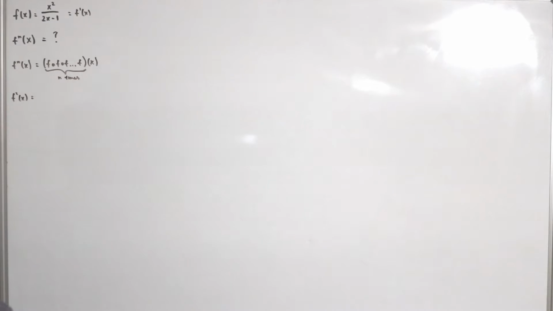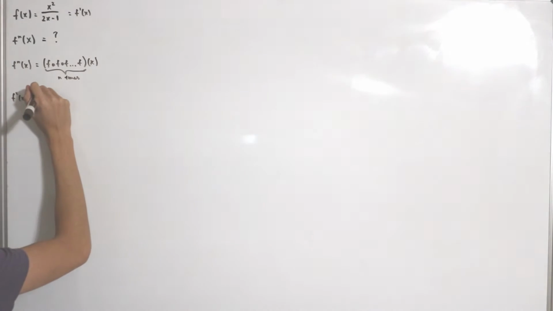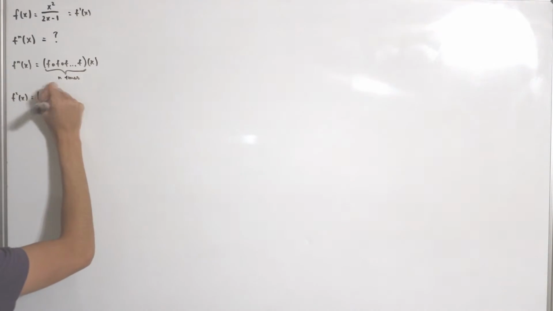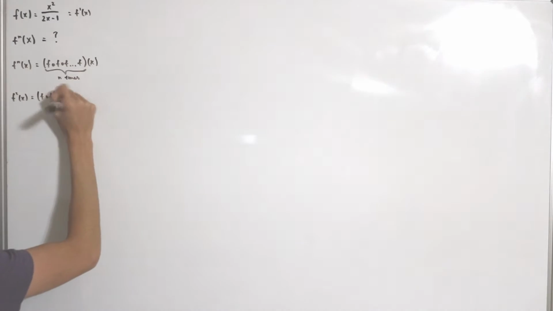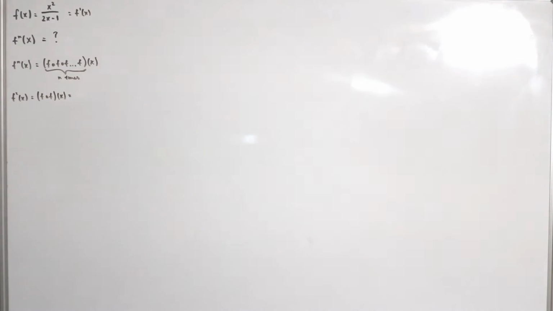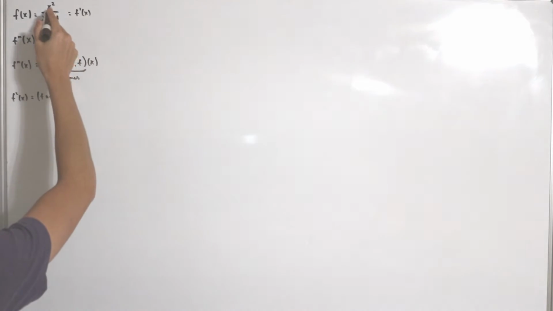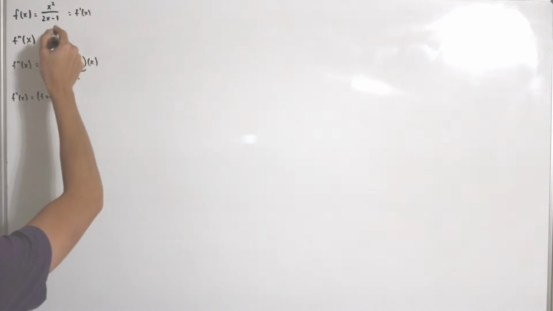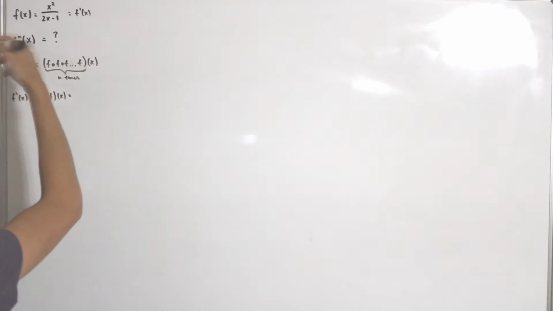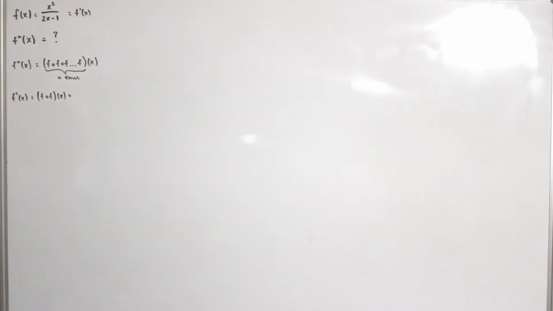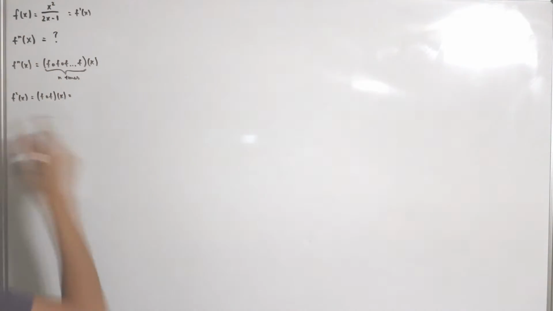So this means we have f composed with f of x, which is equal to, we just plug in our f of x, x squared divided by 2x minus 1, as the input for f, the second f I mean.